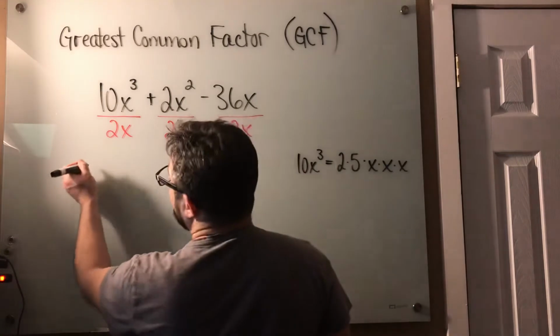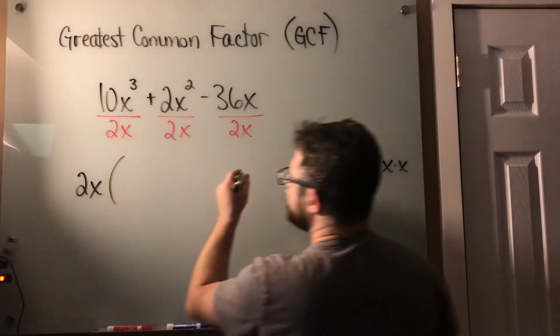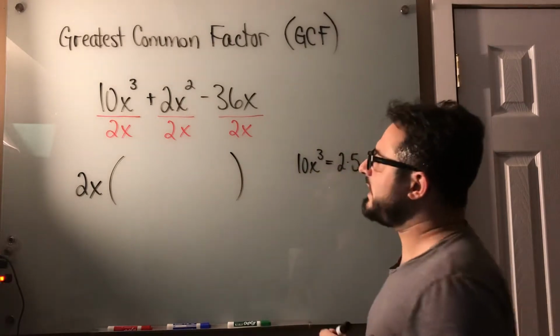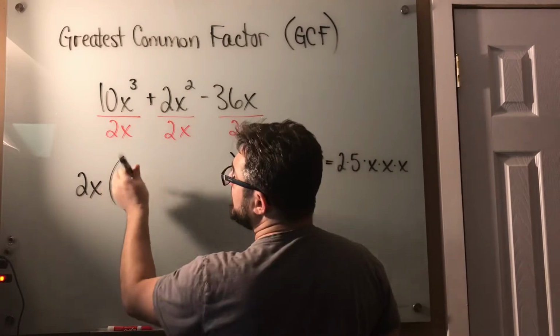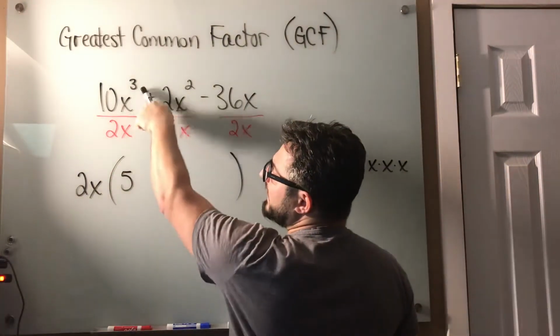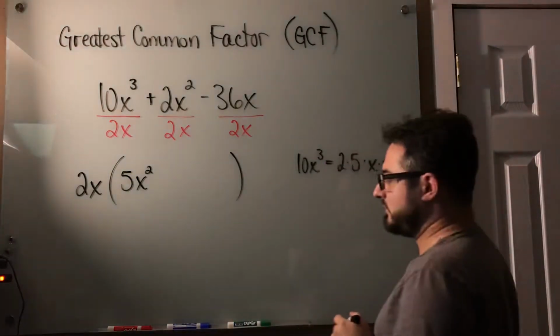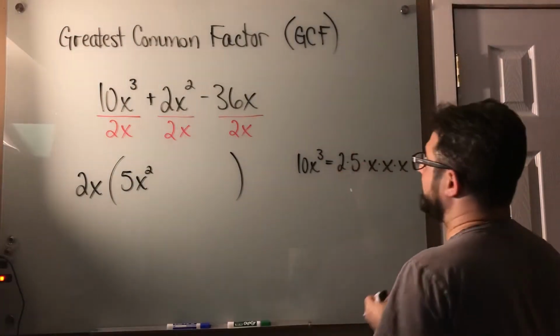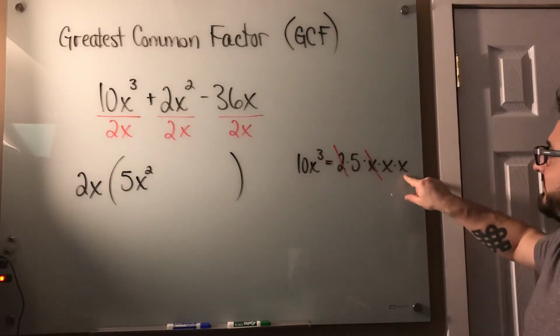So when we do factor out the GCF, we write it out in front, and then we take what remains from each term and put it in a set of parentheses. So 10 divided by 2 is 5, and if we have x cubed and we remove an x, that leaves us with x squared. So if we take the 2 and one of the x's out, what are we left with? 5x squared.